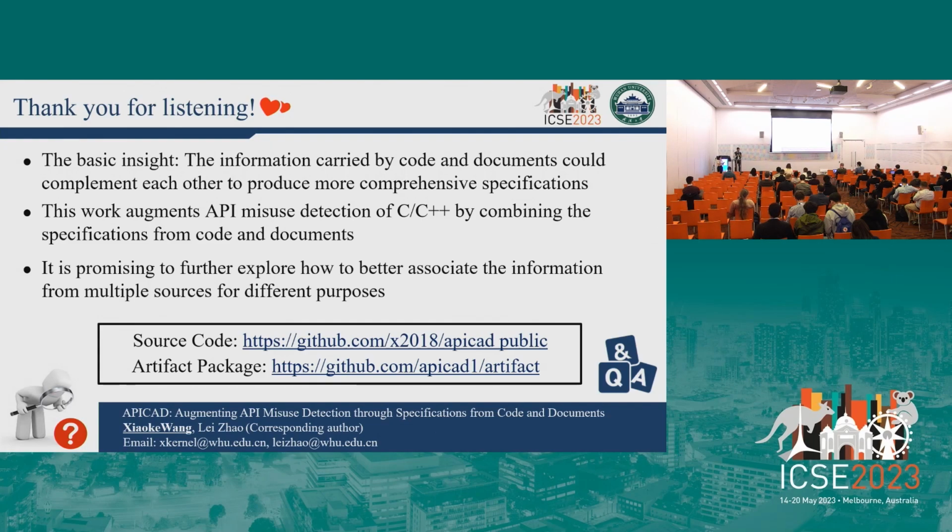We have time for one more question, if there's any room. Thanks. Michael Schlichtig from Paderborn University. Just an idea. You derive the specifications of how to use an API using natural language processing, right?